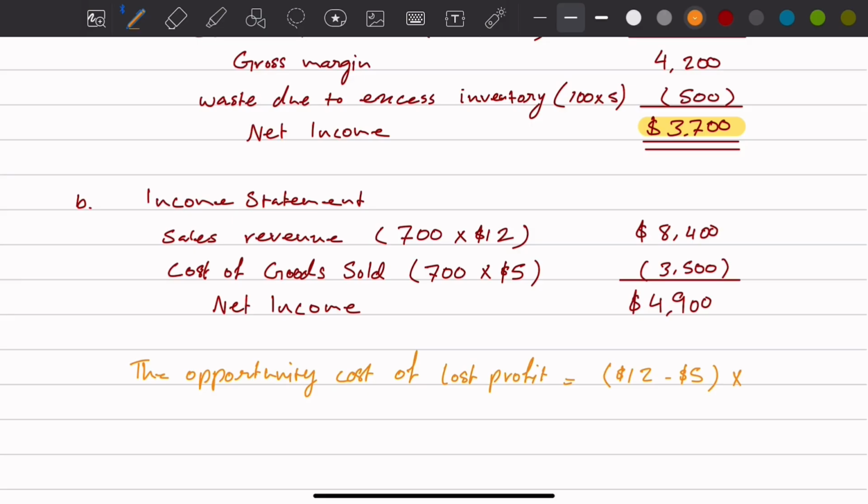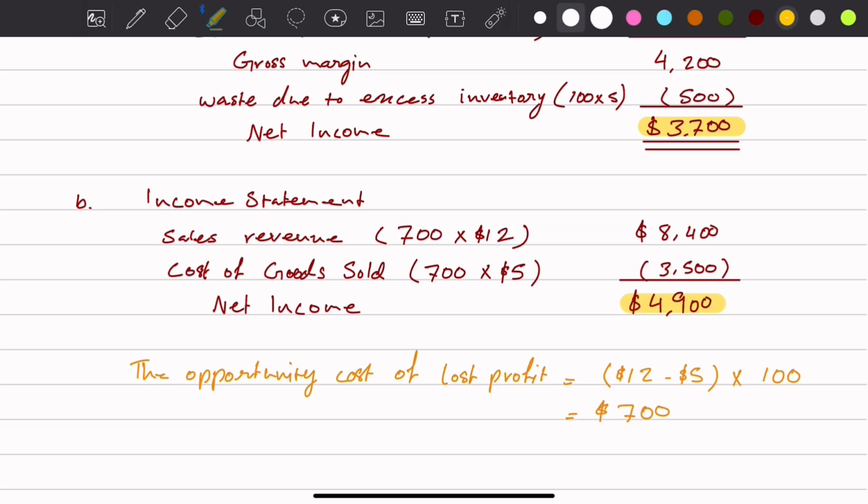So 100 t-shirts, this is a lost revenue, right? So we will multiply by the 100, which is the number of t-shirts that would have been sold if we had them available. So 12 minus 5, that's 7, multiplied by 100, that is $700. Okay, so that is requirement B.